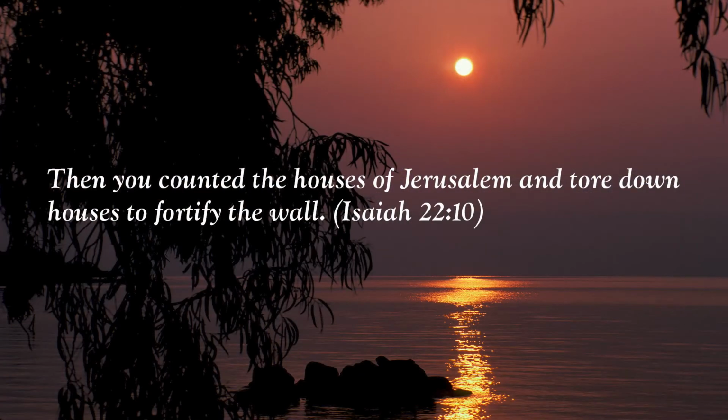Isaiah 22:10 says, "Then you counted the houses of Jerusalem and tore down the houses to fortify the wall." So we see in the process of fortifying this wall, some houses had to come down. And that's pretty much what we see from the archaeological remains.